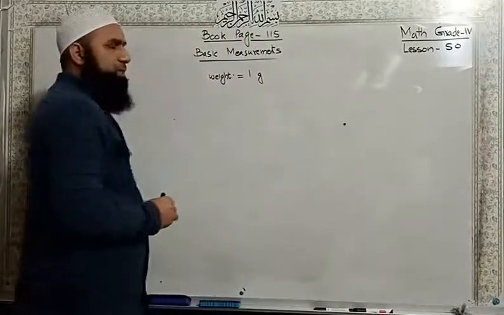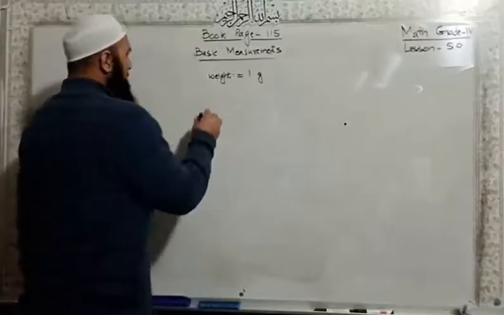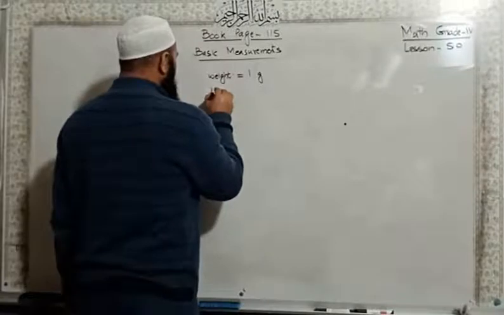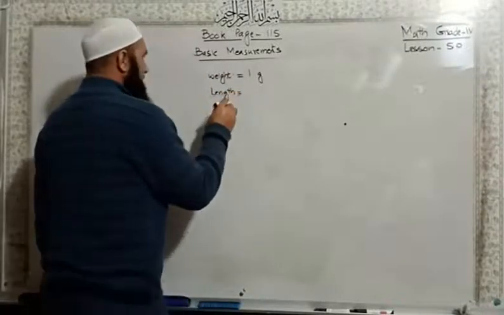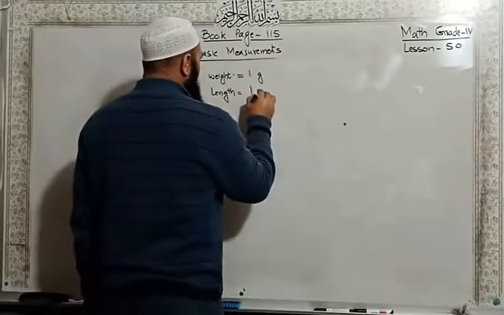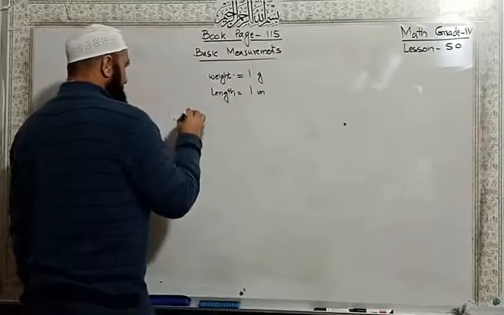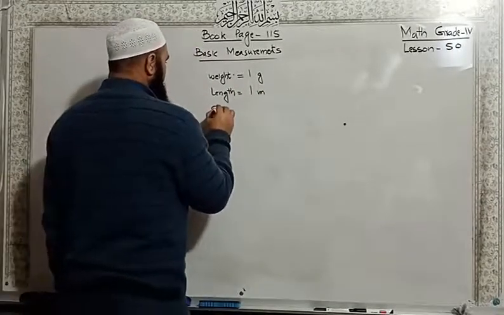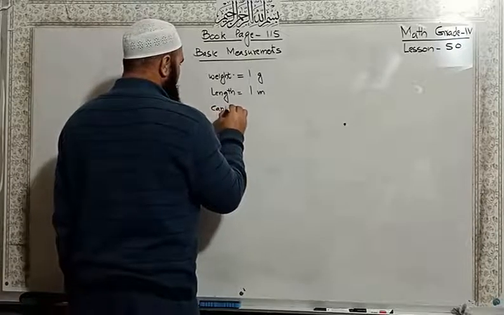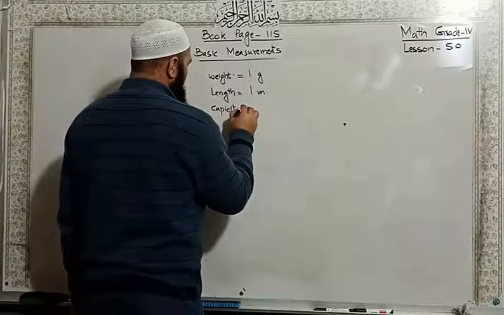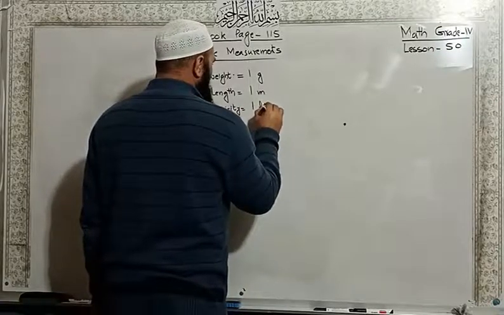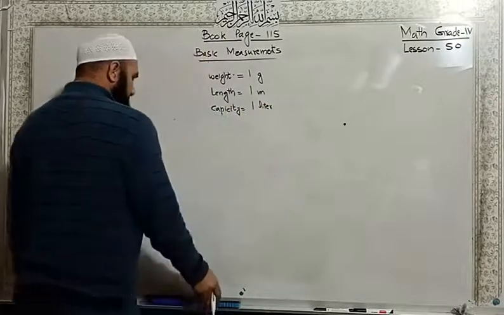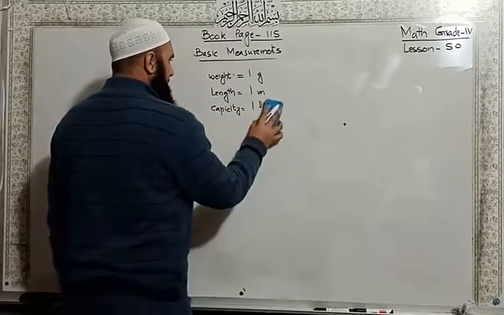This is our basic unit. For length, we use 1 meter. And for capacity, we have the unit 1 liter, or simply you say 1 L.